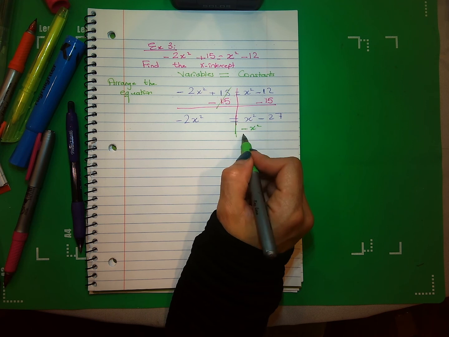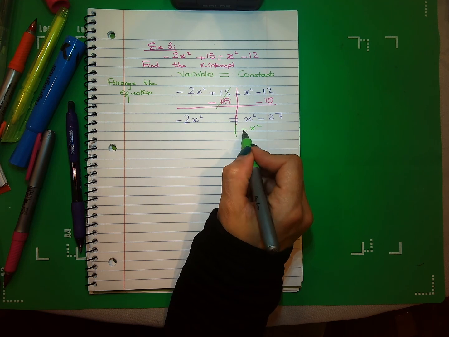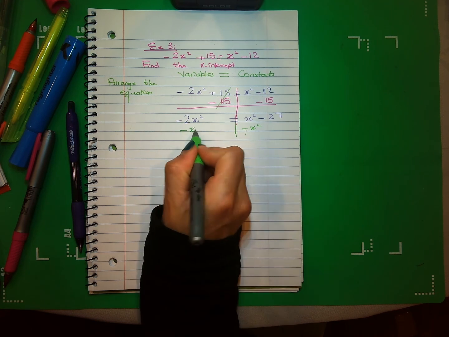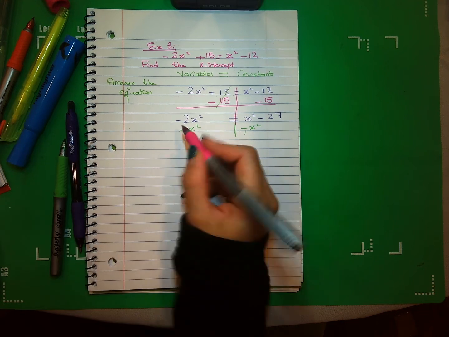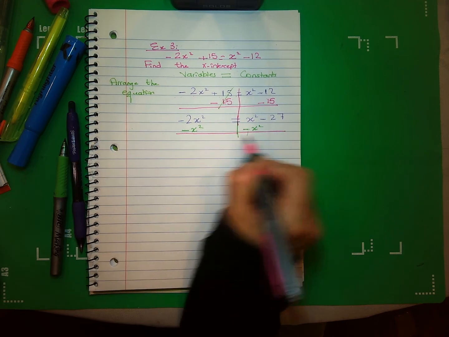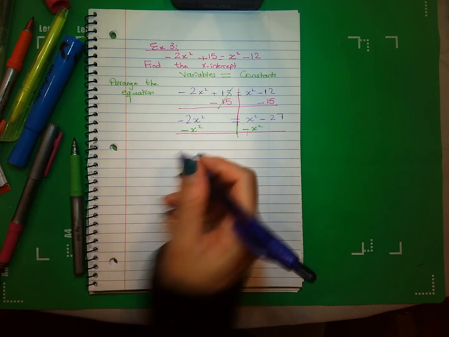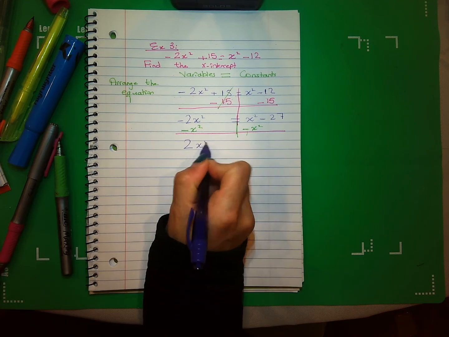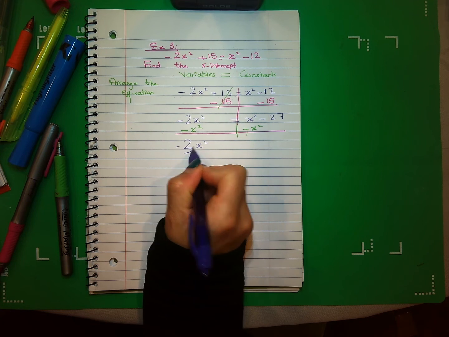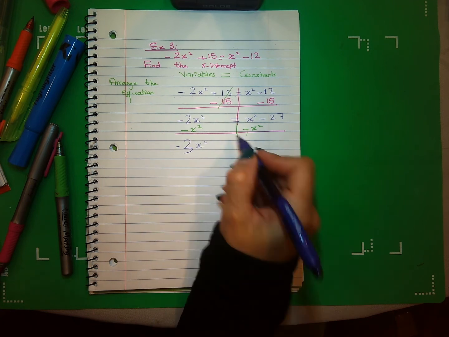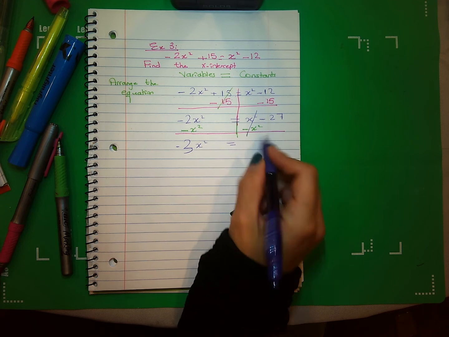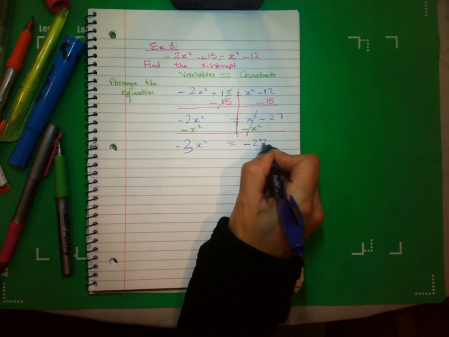So I'm going to do the opposite of it, which is subtract it from both sides so that I can move all the variables to one side and keep the constants on the other side. So I will get negative 3x squared equal, this is going to be crossed out, minus 27.